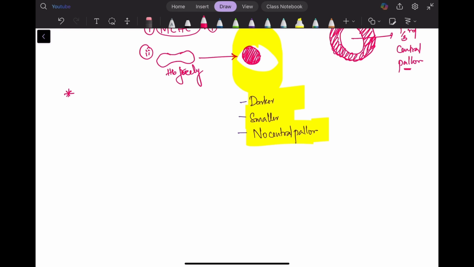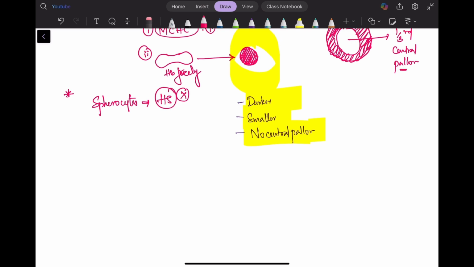So you see spherocytes and you jump into diagnosis that, yeah, this is hereditary spherocytosis, and the examiner will be waiting. When you say, okay, spherocytes seen, so hereditary spherocytosis, then he'll mark directly 0. Why?